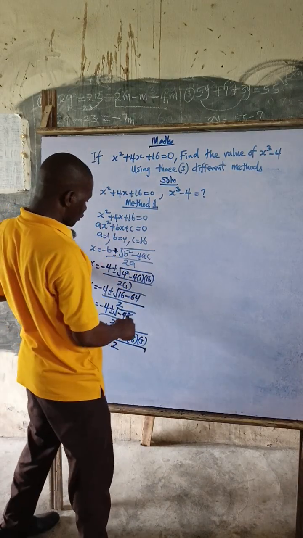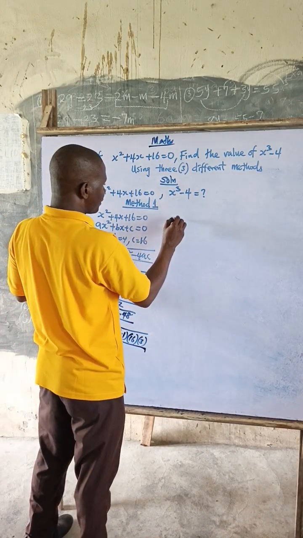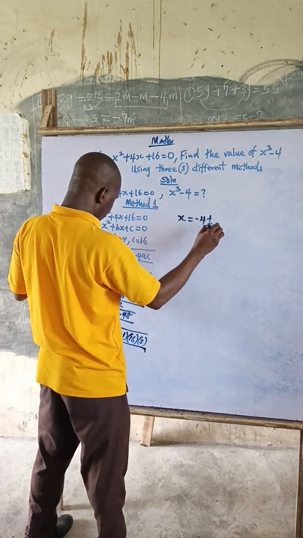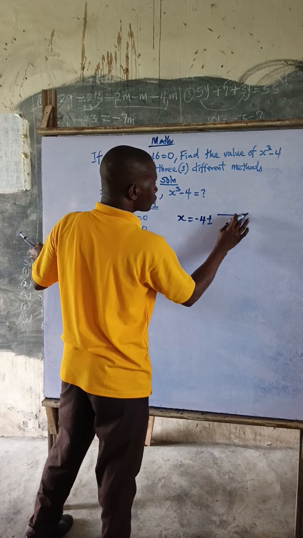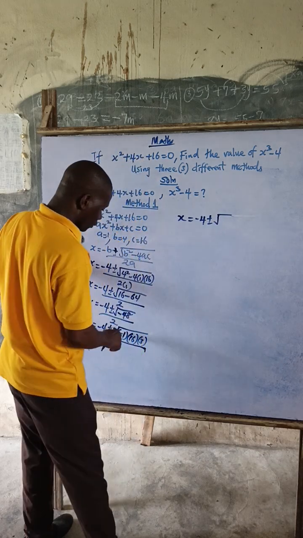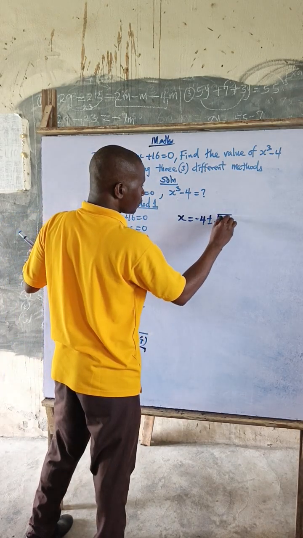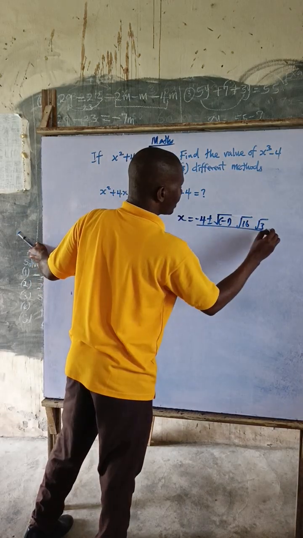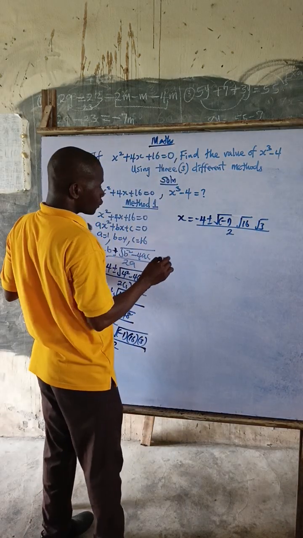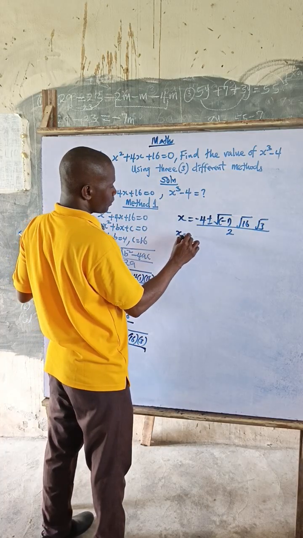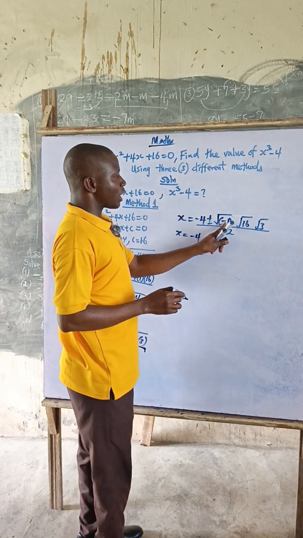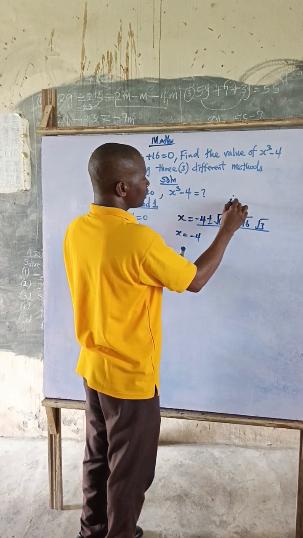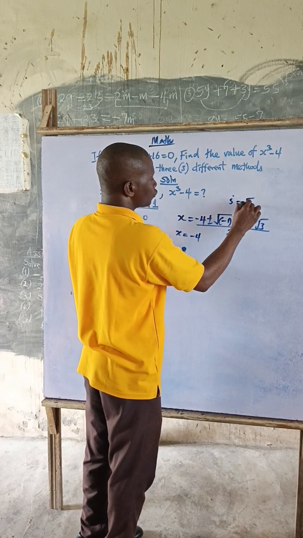So with this knowledge, this can be simplified as x equals minus 4 plus or minus the square root of minus 1, the square root of 16 and the square root of 3, divided by 2. The square root of minus 1 leads to a complex number, which is i equals the square root of minus 1.